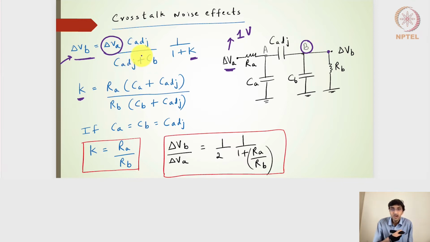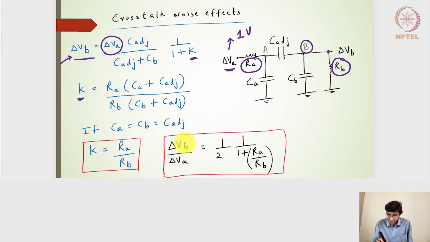We have considered all the capacitances to be the same. So it will be 1 by 2 multiplied by 1 by 1 plus K, where K is nothing but RA by RB. Right, so this is my overall expression, a very simplified expression considering the capacitances are equal.